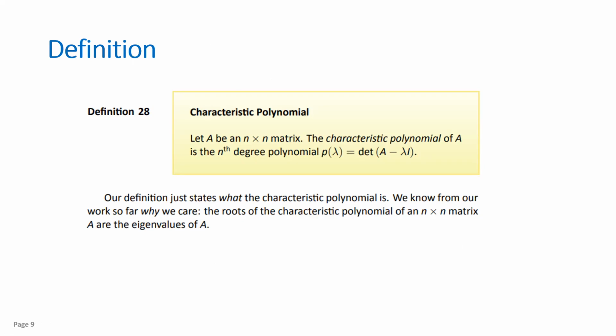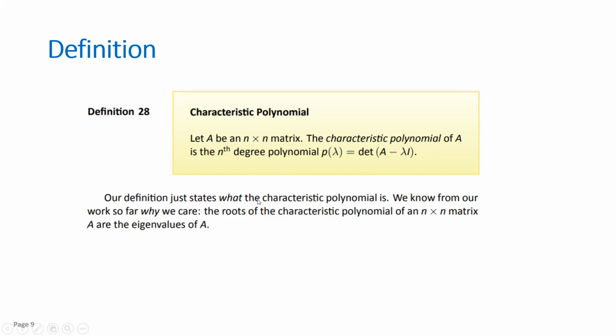The characteristic polynomial of A is the nth degree polynomial c of lambda equal to the determinant of A minus lambda I. If the matrix order is 2 by 2, we get a second degree polynomial, which is a quadratic equation. If it is a third order matrix, then we get a third degree polynomial, that is, a cubic equation.